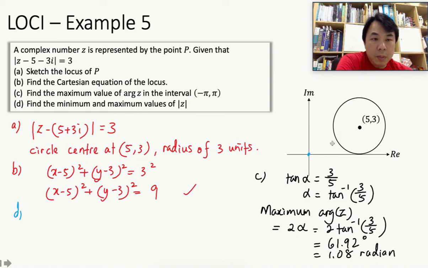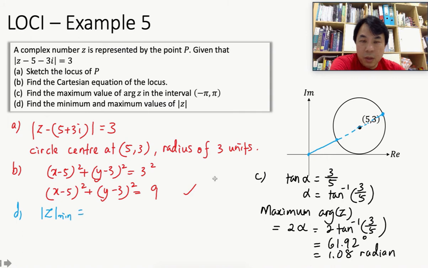So you can see that the minimum must be here. So the minimum magnitude of z must be from the origin to here, and it must pass through the center here. And then the maximum value for this must be the longest, because if you pass it through here, that will be the longest magnitude of z that we can get. So therefore, I'm going to work this out.